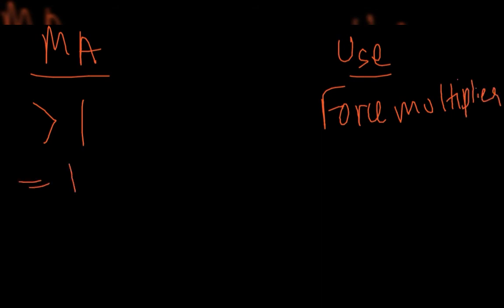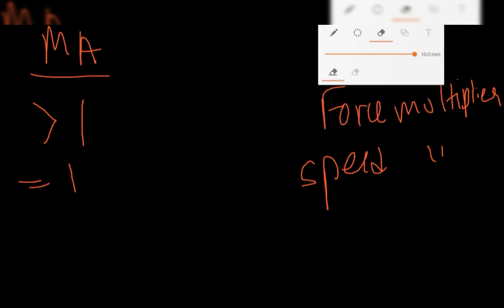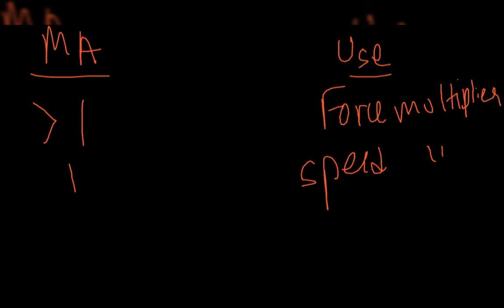If it is equal to 1, it is a speed multiplier, it multiplies speed. Sorry, not equal to. If it is less than 1, then it is called a speed multiplier. Equal to 1 is not required for now.